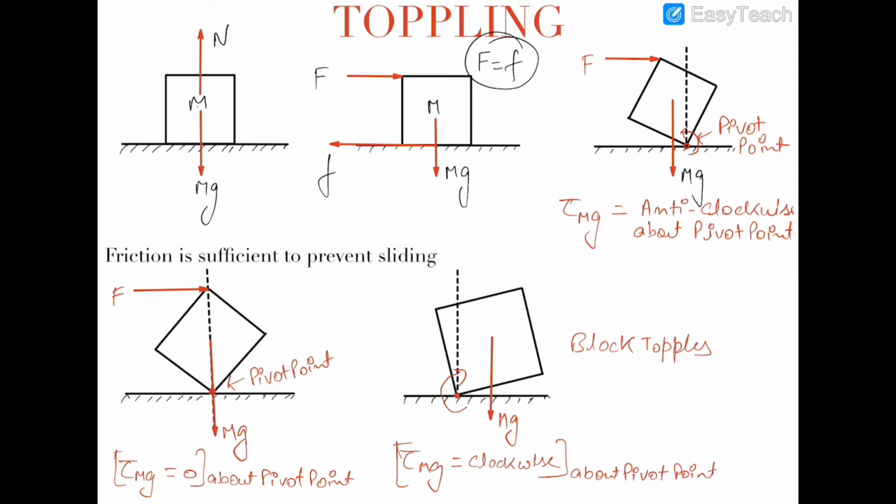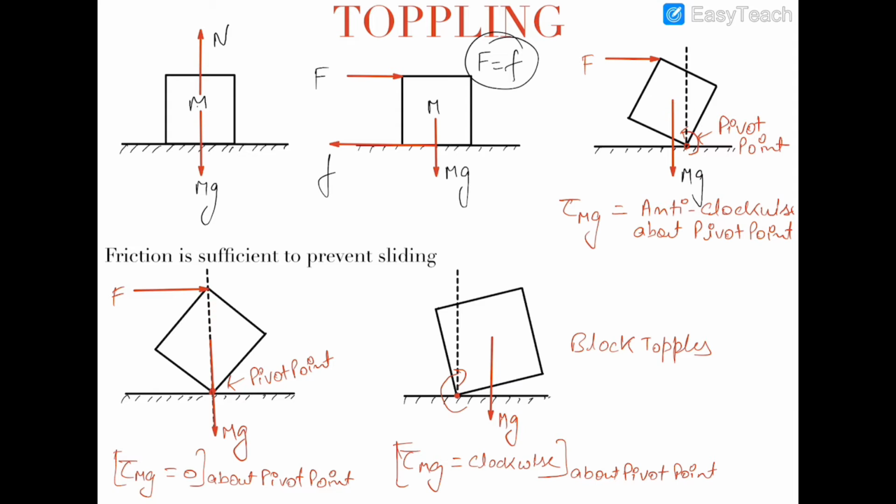So till the time mg is on the left hand side of this line, a torque of mg would be developed in the anti-clockwise sense. But if I apply this force continuously and try to topple this block, this mg is shifting towards this line.